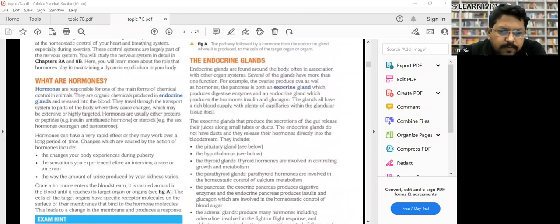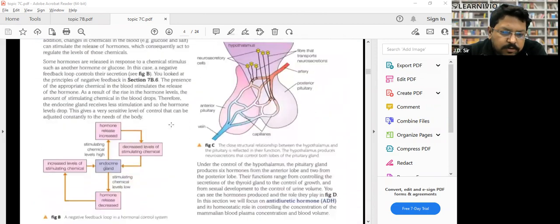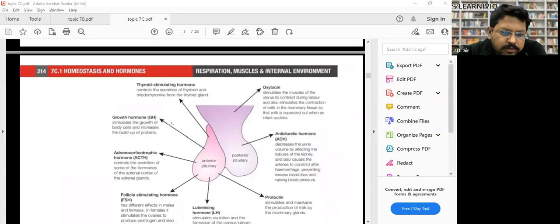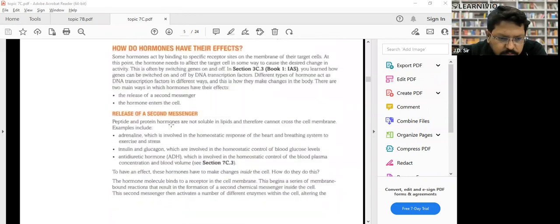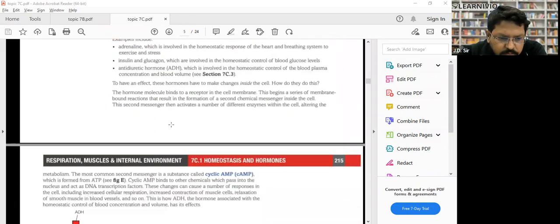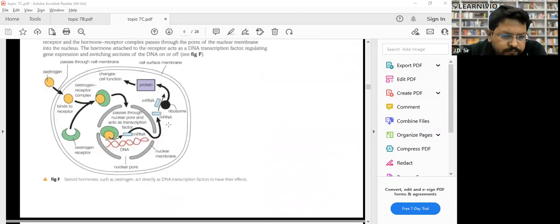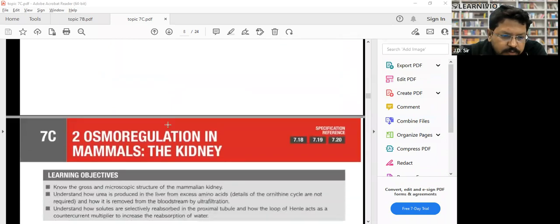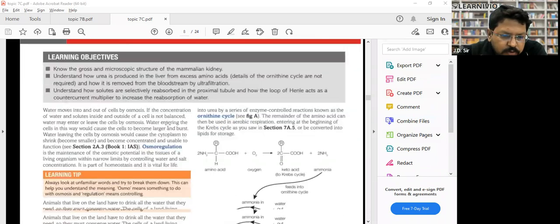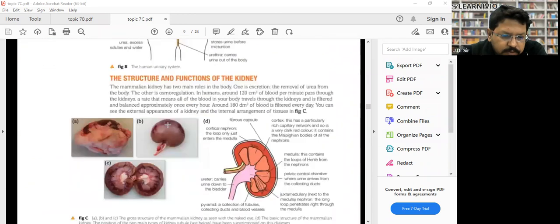Endocrine gland, which means this is the endocrine system. Function of hormones. How does the hormone work? That is given. Osmoregulation, that is the excretory system.